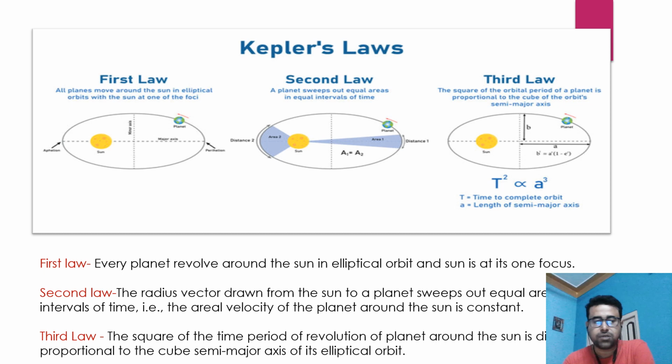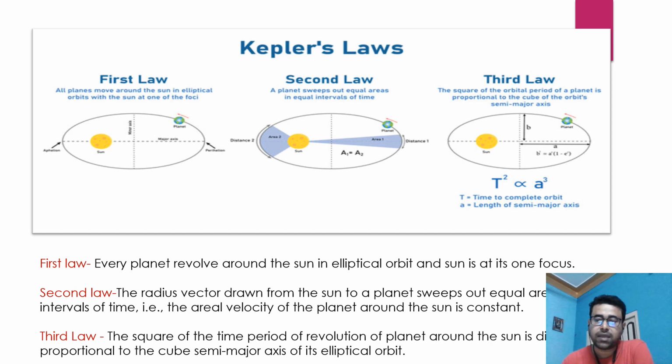So from the first law, we have understood that all the planets are revolving around the sun in an elliptical orbit. The second law says that the radius vector drawn from the sun to a planet sweeps out equal areas in equal intervals of time. And the third law talks about the time period for covering the whole path: T square is directly proportional to the cube of the semi-major axis.